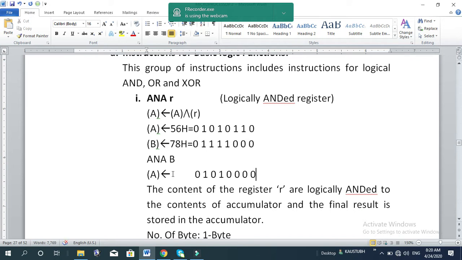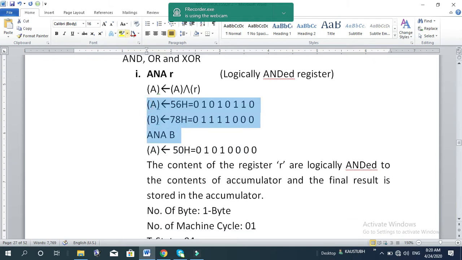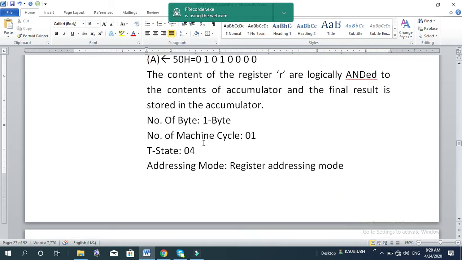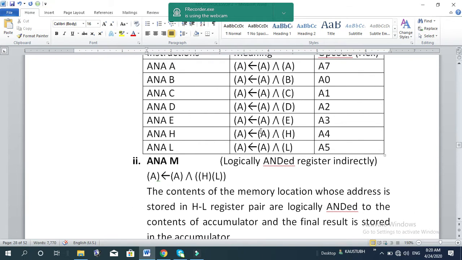So therefore the result is 5 and 0, so 50 hex. This is just an example. So these are the different instructions.